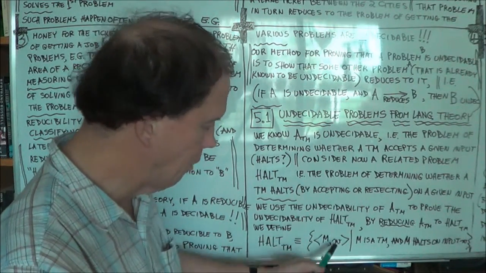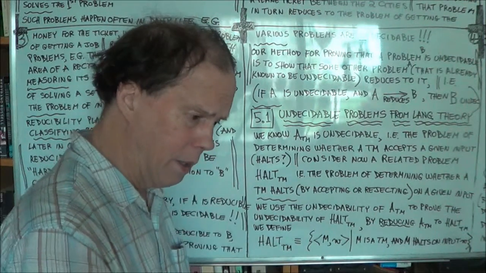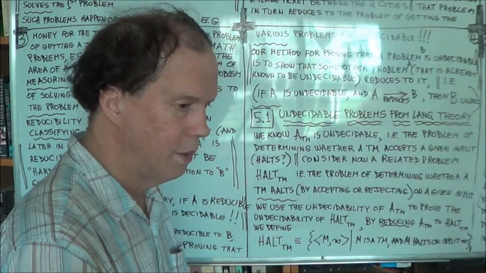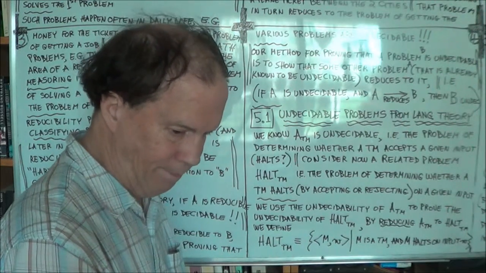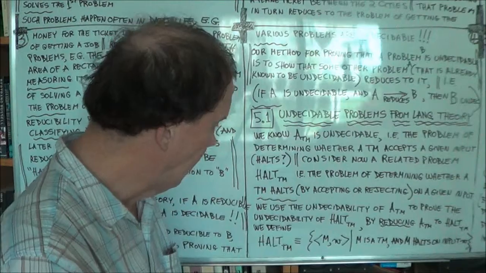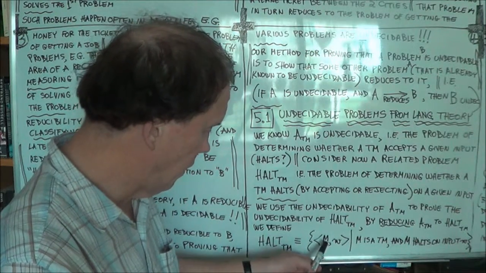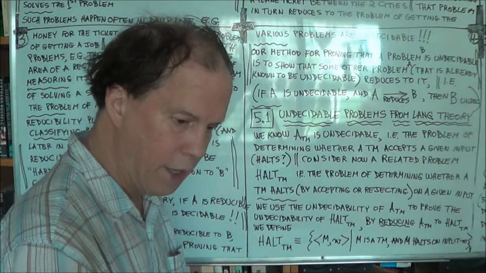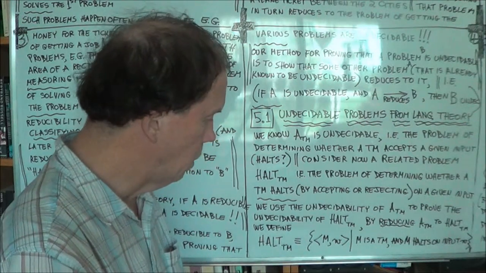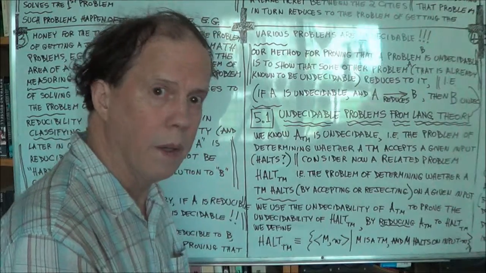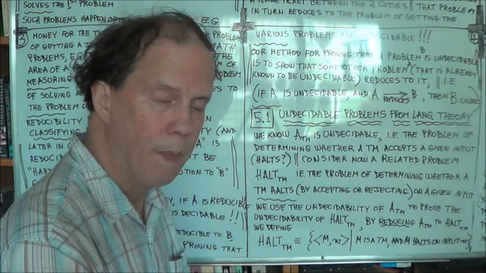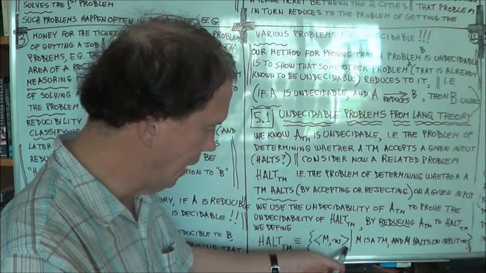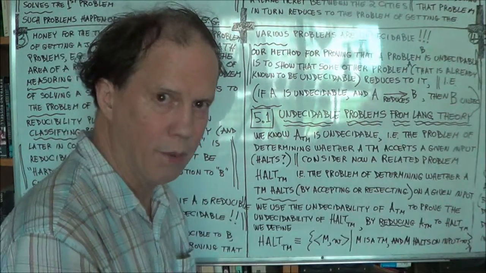You can translate this language problem into a computational problem: given some random Turing machine, some random tape W, will that machine halt? Yes or no? That's the halting problem, Turing. Translating it back from a language into a computational problem.